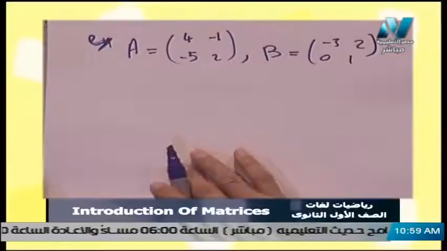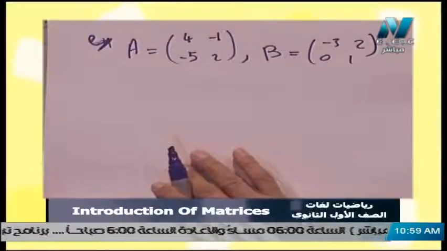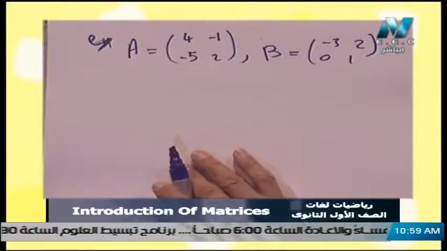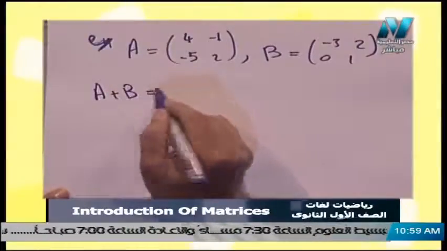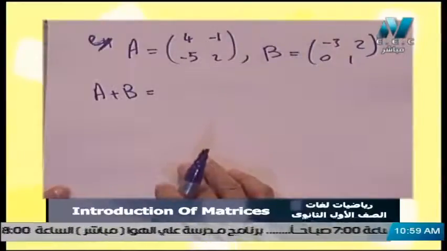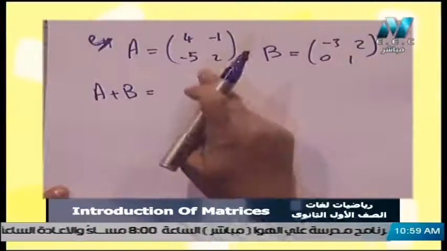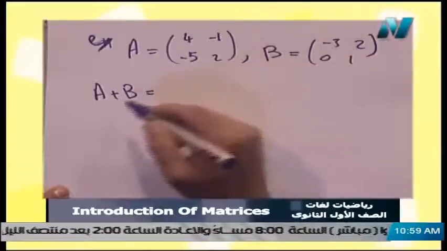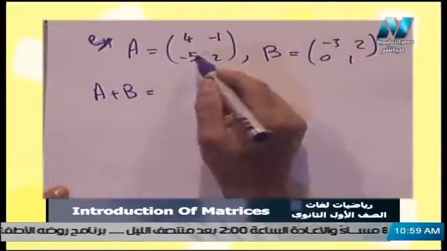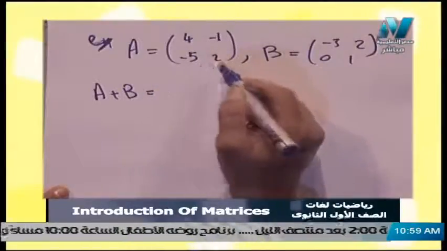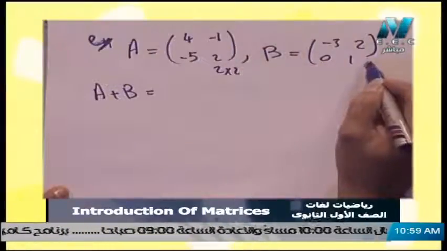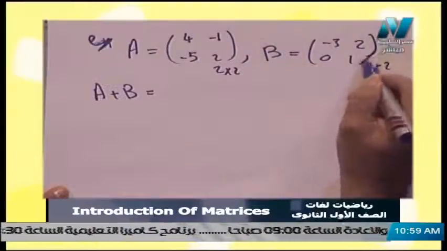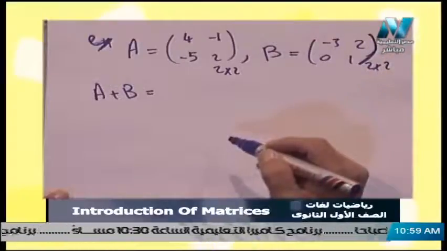Okay, and we would like to find out A plus B. A plus B means the adding of 2 matrices. Now they must have the same order to add them. The order of the first matrix here is 2 by 2. The order of the second is 2 by 2 also, so they have the same order.